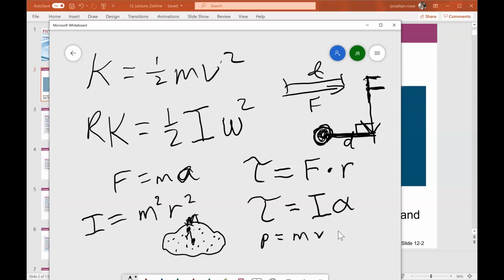Well, there's also an angular momentum. I'm trying to think of the letter for it. I can't remember it, so angular or rotational momentum, I'm going to call it RP for now. We'll change that letter when we figure out what it is. But it is equal to, what do you think? You can probably guess it. I omega. All right, let's get into our PowerPoint.